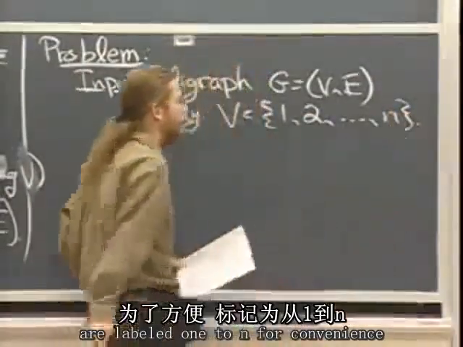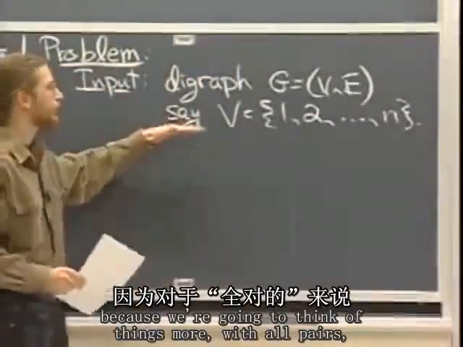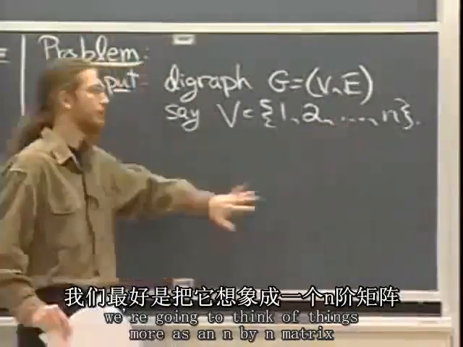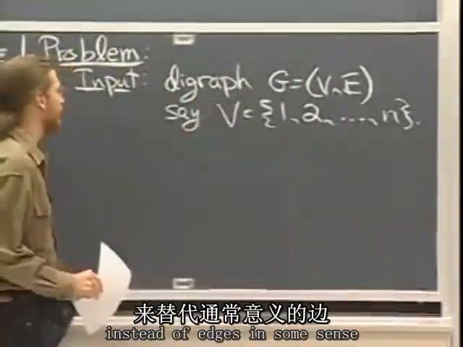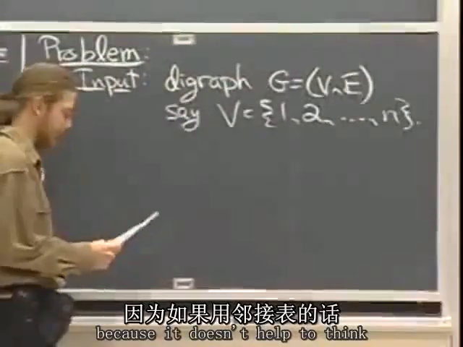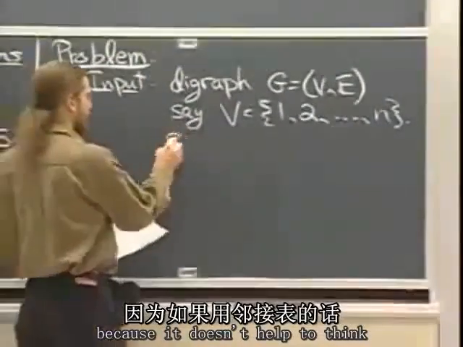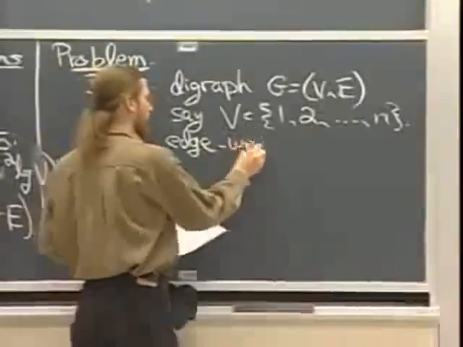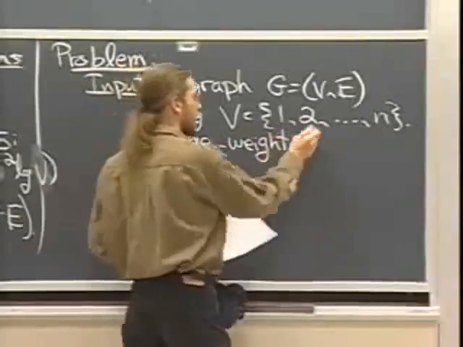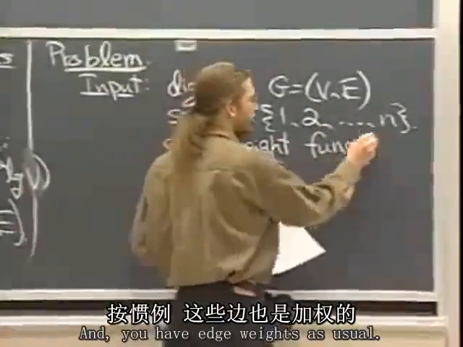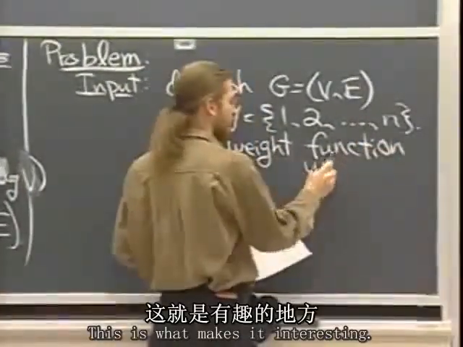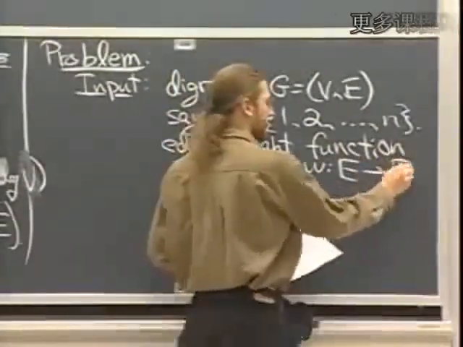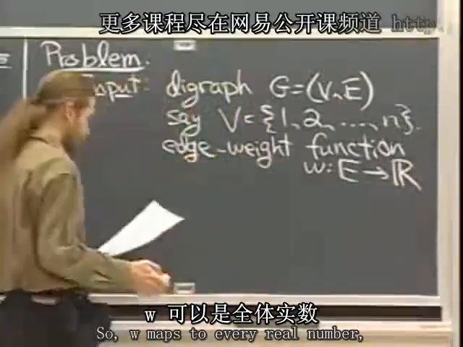For convenience, because we're going to think of things more with all pairs, we're going to think of things more as an n by n matrix instead of edges, in some sense, because it doesn't help to think anymore in terms of adjacency lists. And you have edge weights, as usual. This is what makes it interesting. Some of them are going to be negative. So W maps every edge to a real number.